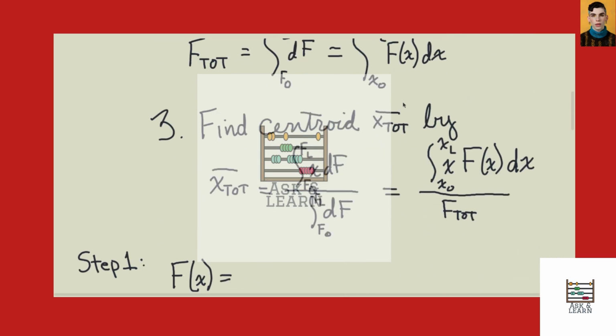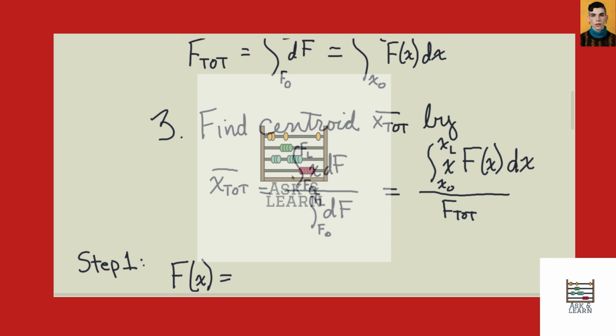Finally, we'll also use that function of load density f of x to determine the centroid. And in determination of that centroid, we'll also use the total load that we found in the previous step. Symbolically, that's represented as the integral of the product of x and differential force load over the total load.